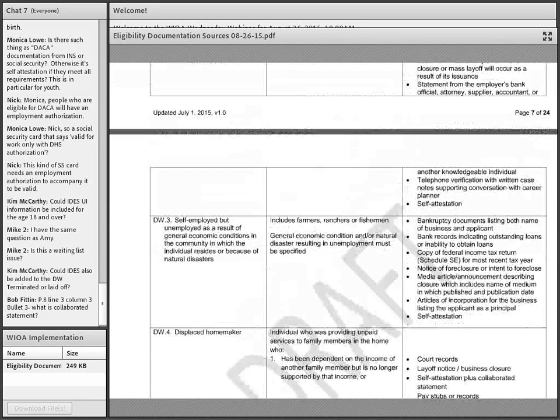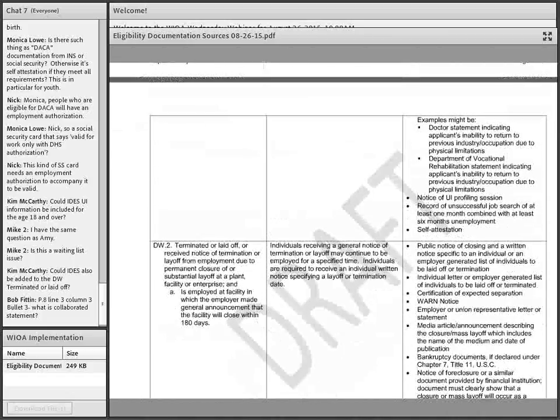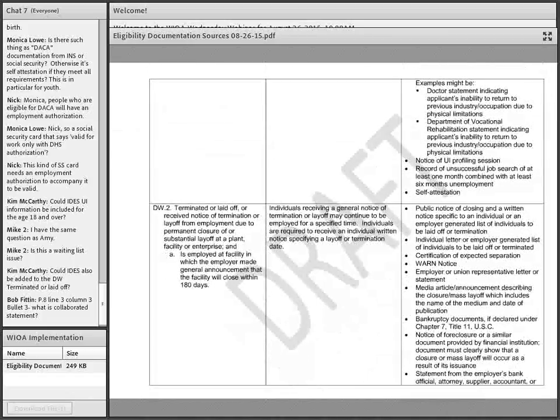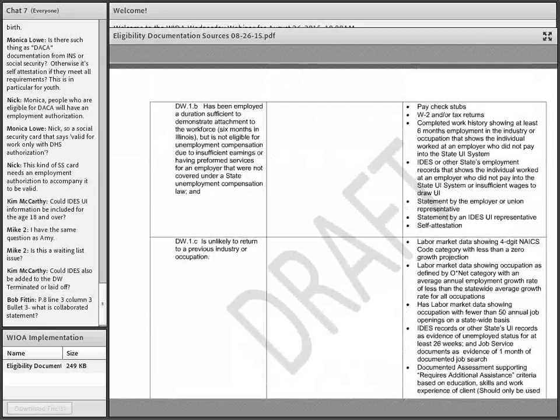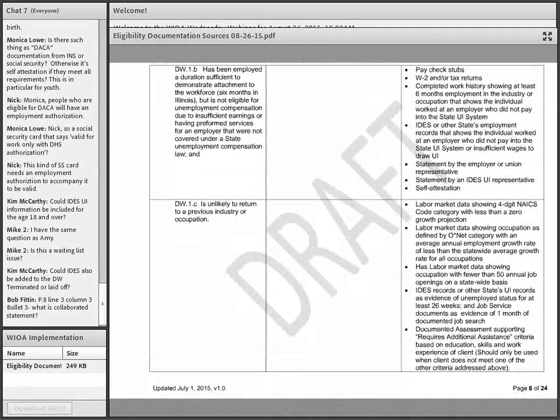What we do want to reiterate when we go back to the terminated or laid off DW2 status is that there's a period of time. Let me get back to it here, or I'm sorry, it's under DW1B. I've got that here on page 6 of 24, sorry, I'm going blind here.